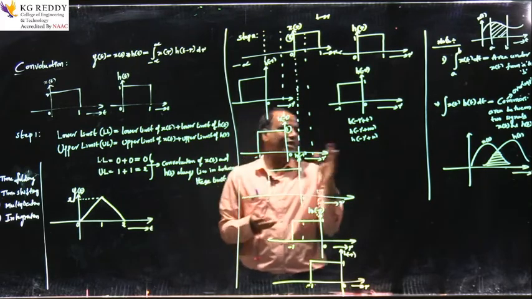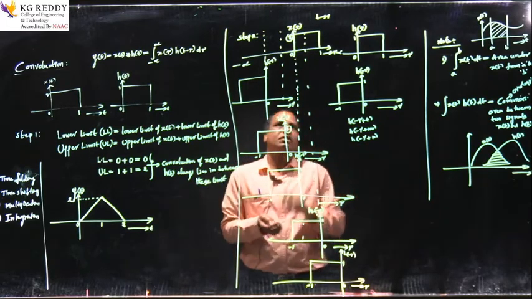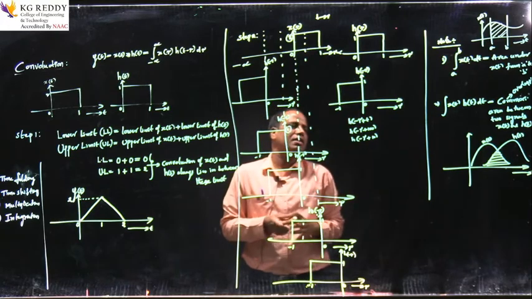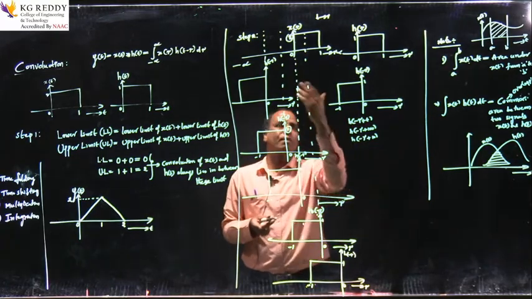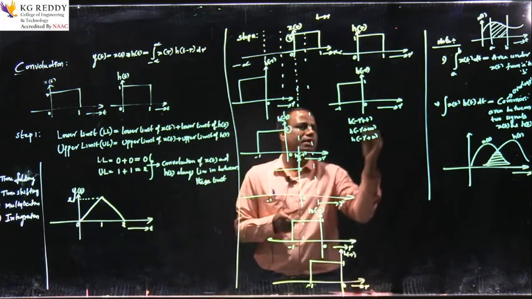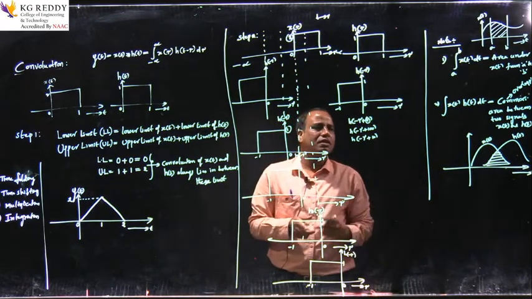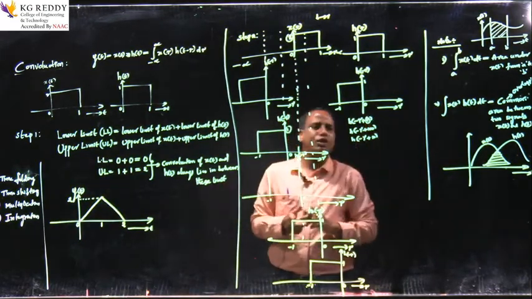Every time we decrease the value, the signal moves towards the right side, and we search for the common area by giving different values for this small t. That is nothing but the time shifting operation.